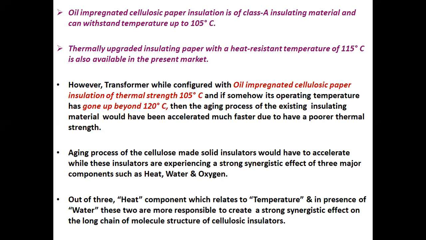However, transformer while configured with oil impregnated cellulosic paper insulation of thermal strength 105 degrees centigrade, and if somehow its operating temperature has gone up beyond 120 degrees centigrade, then the aging process of the existing insulating material would have been accelerated much faster due to its poorer thermal strength.